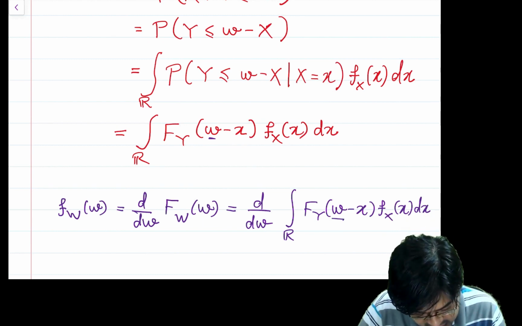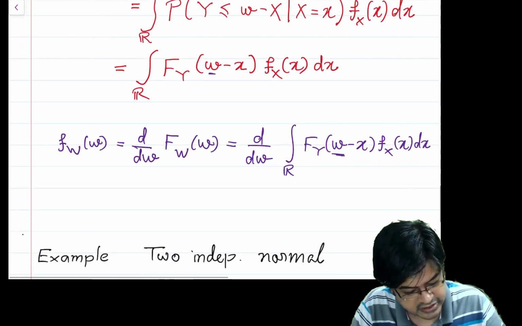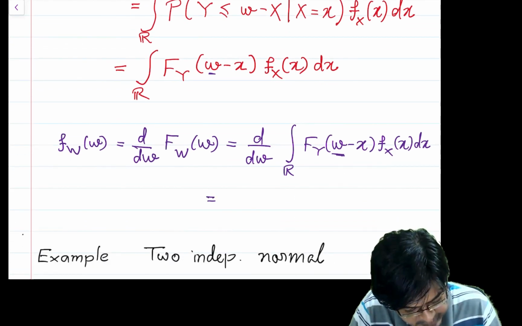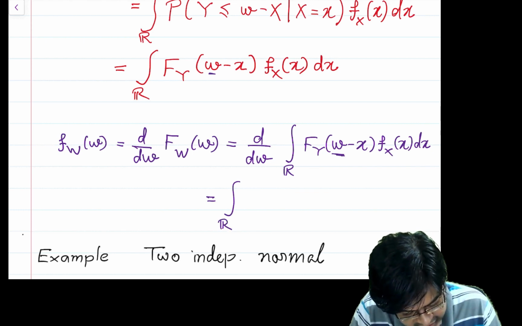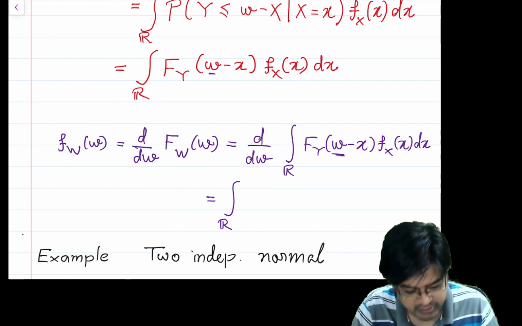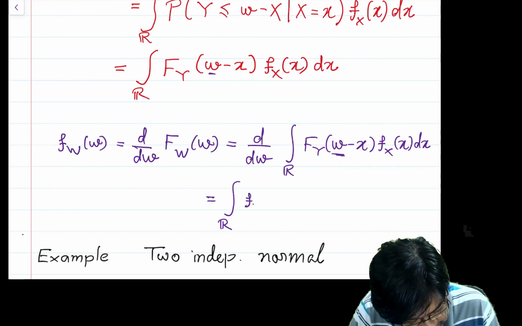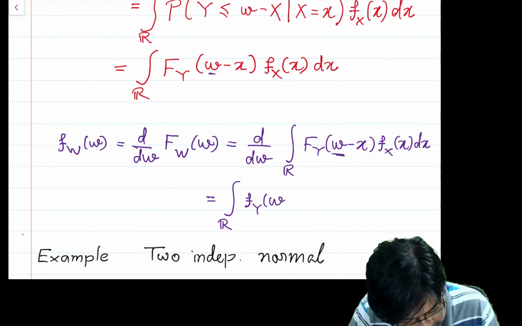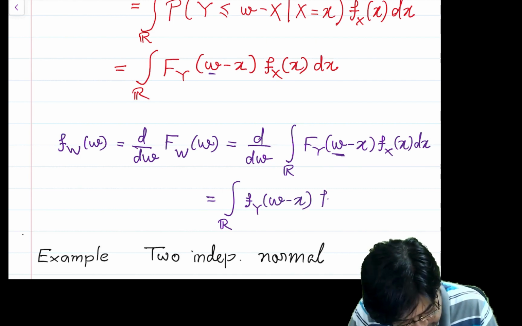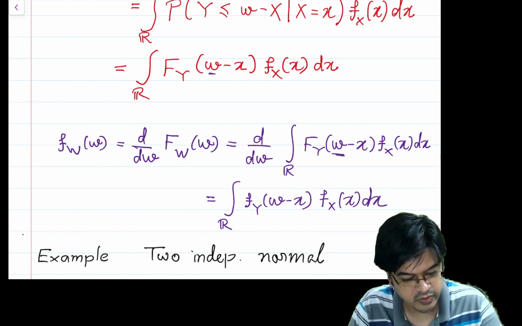It is this, right? So I will transfer the differential operator inside the integral. So this integral over R will remain as it is, and d/dw of F_Y(w) will be what? It will be small f_Y(w minus x) f_X(x) dx. Wonderful.